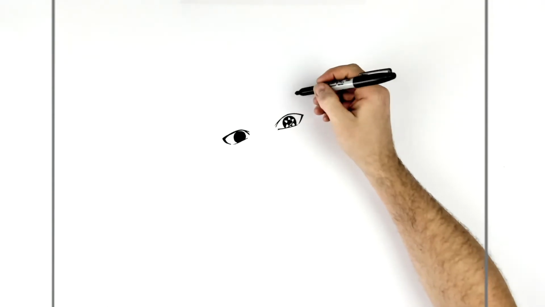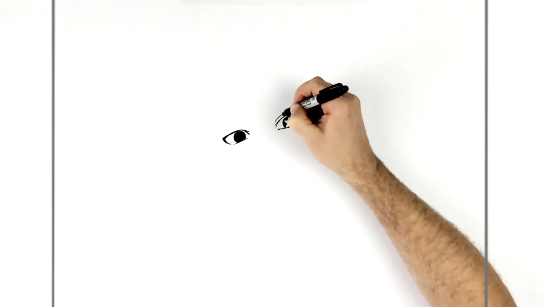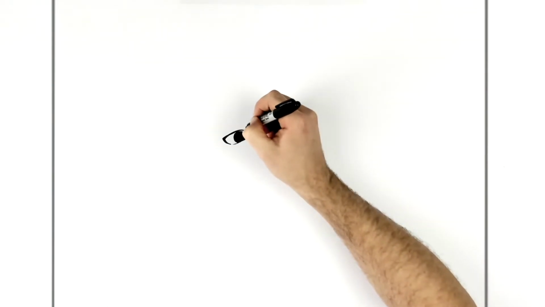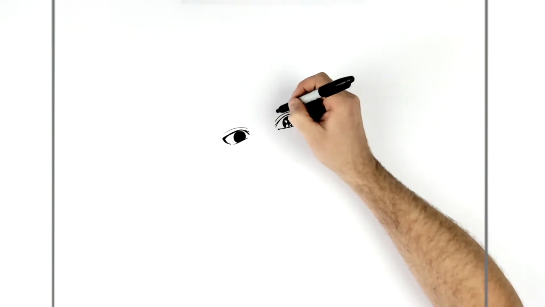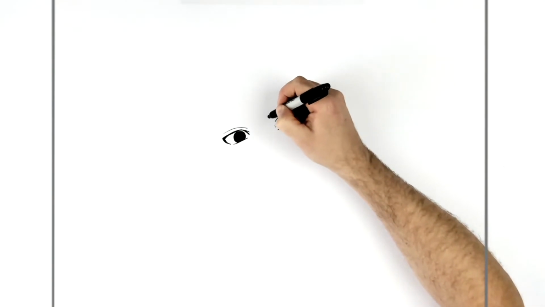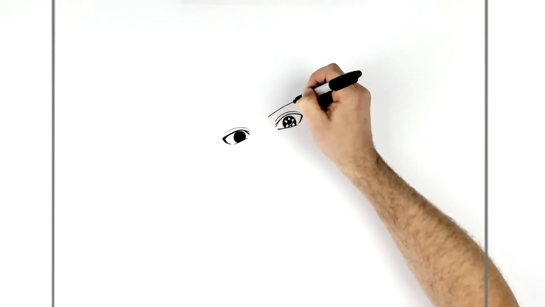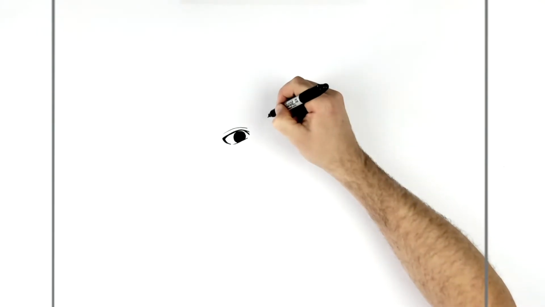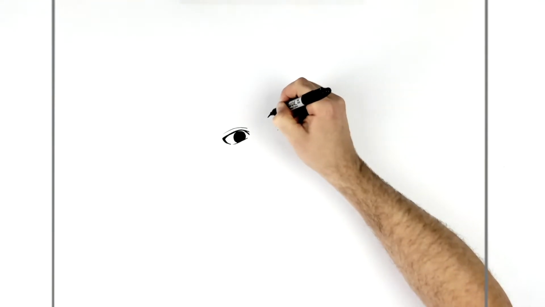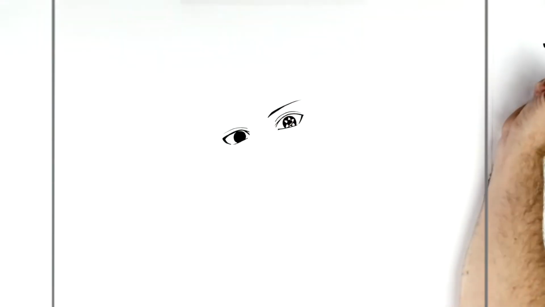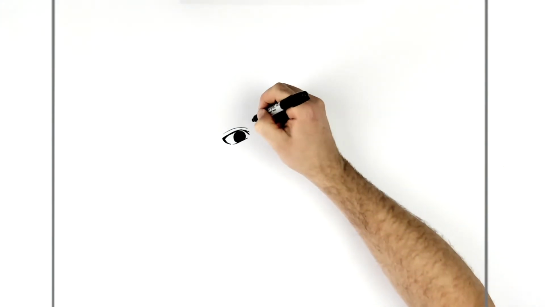Now, so then we have some details above the eye. So like an eyelid line going across here, an eyelid line going across here, and then his eyebrow. So they're very thin. So it goes up this way, and you could thicken up the end here just a little bit. Right, like so.